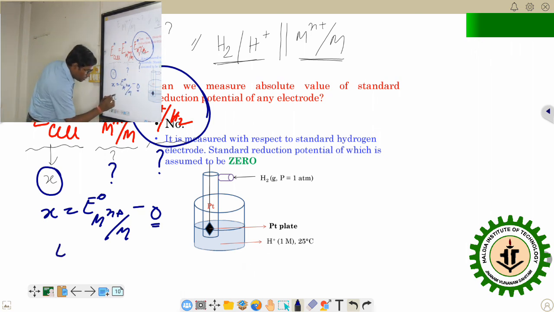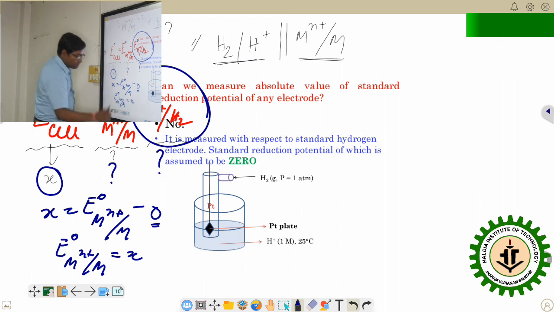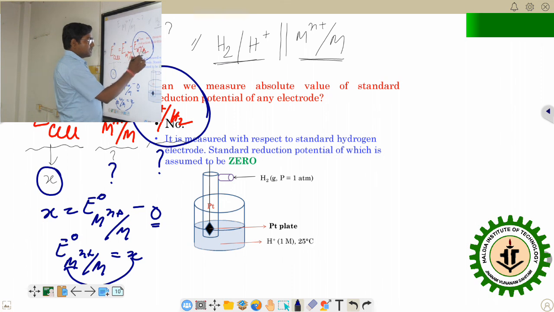Thus E naught of M^n+/M will come as equal to X. So by this way, you can have the value of this potential. What is the assumption we have used here? The potential of hydrogen electrode is 0 under standard condition.